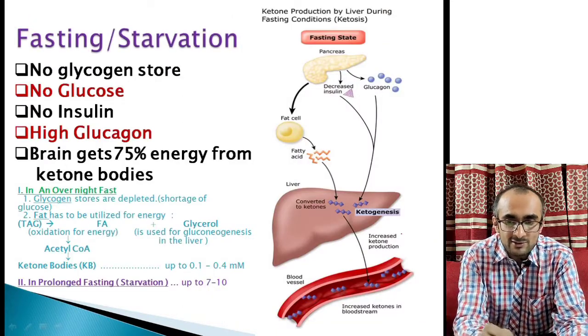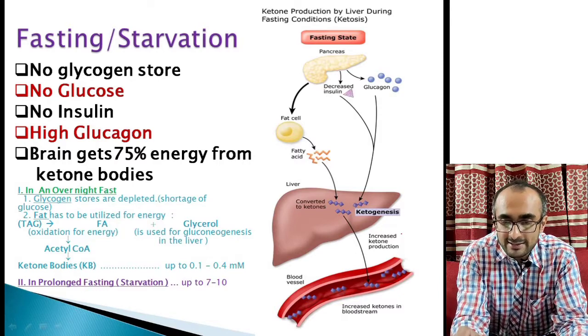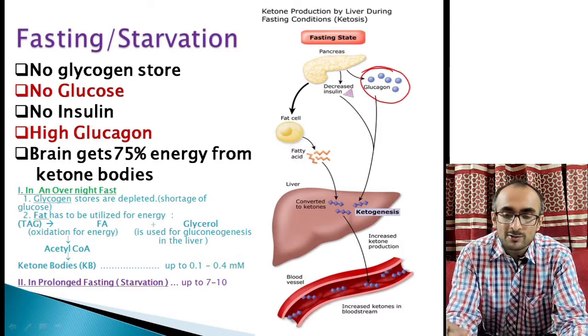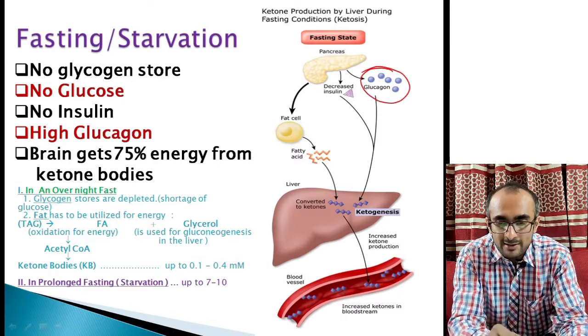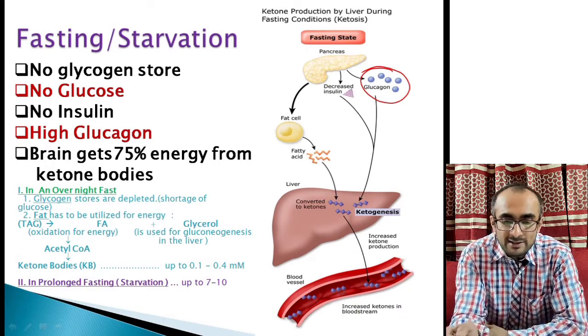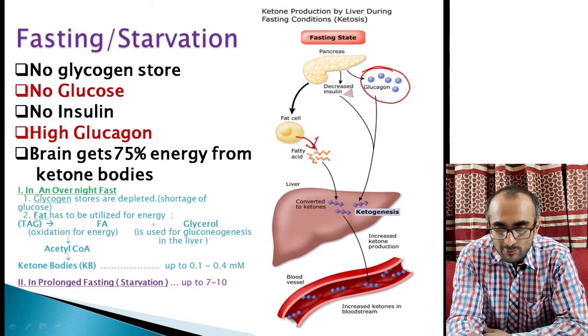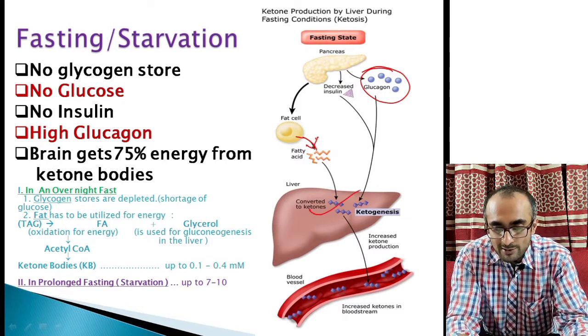Similarly, in case of starvation or fasting state, the pancreas secretes glucagon because glucose concentration is low in the blood, and this glucagon activates oxidation of fatty acids. Fatty acids are liberated from adipocytes, and these fatty acids go to the liver. They are converted into ketone bodies. Ketogenesis is promoted.